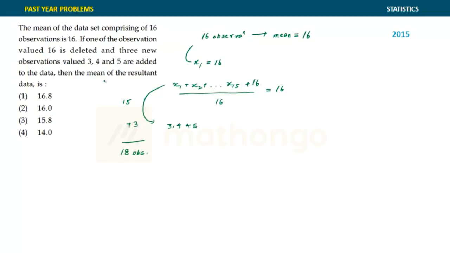And you want to find the new mean. So the new mean is nothing but x1 plus x2 up till the 15 values, plus 3 plus 4 plus 5, divided by 18. You can solve this. Here you can see that summation xi, where i varies from 1 to 15, is nothing but 16 into 16 minus 16, which is nothing but 16 into 15.